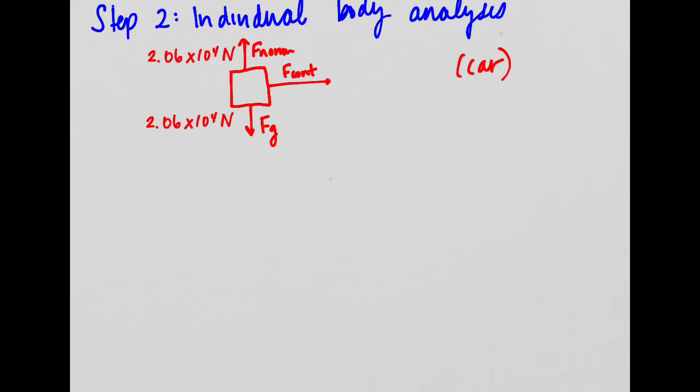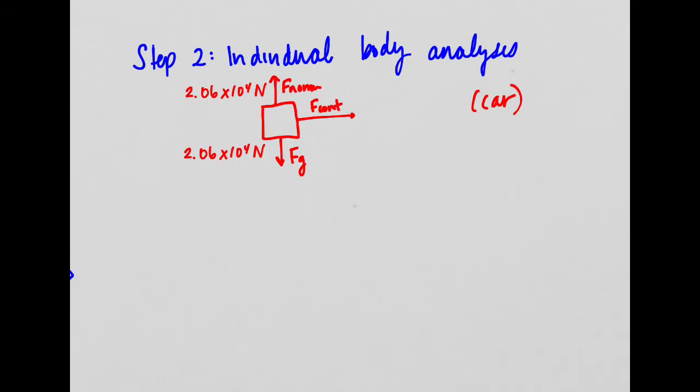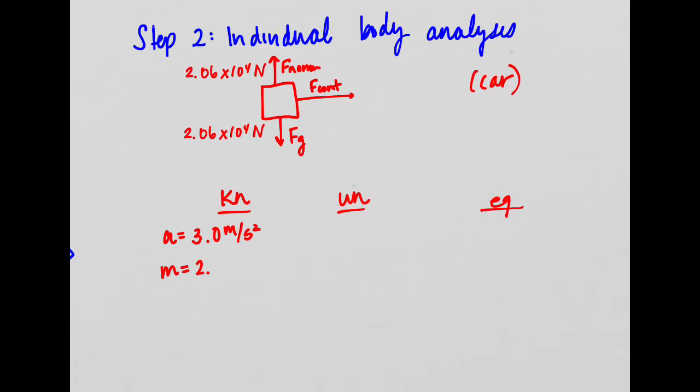All right. So this part is a little easier. Remember, let's write our stuff out here. Okay, so we know the acceleration. We just solved for it. We know the mass of the car is 2.10 times 10 to the 3 kilograms. And we want to know the contact force.